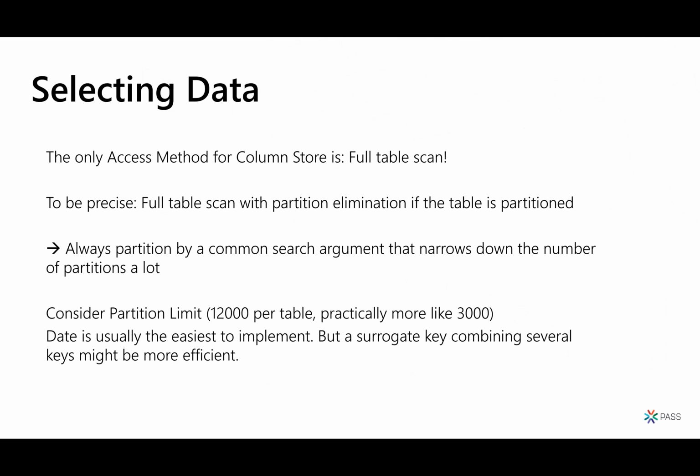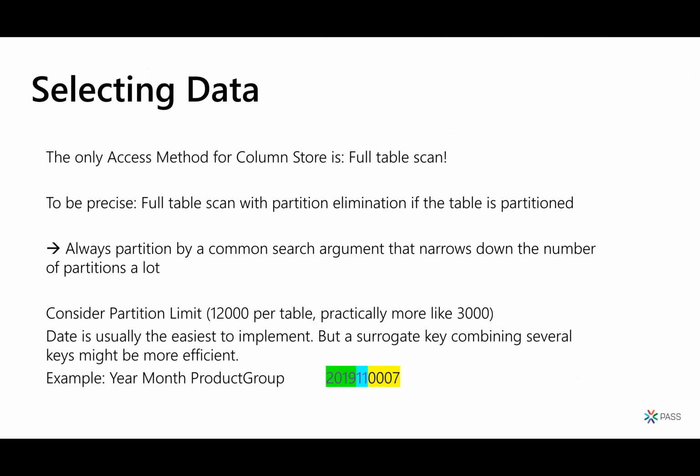So create as many partitions as possible, don't go much above 3,000, and pick something that really narrows down how much data you get out of it, because that's your first line of defense when you query data. You eliminate as many partitions as possible to not process them every time.